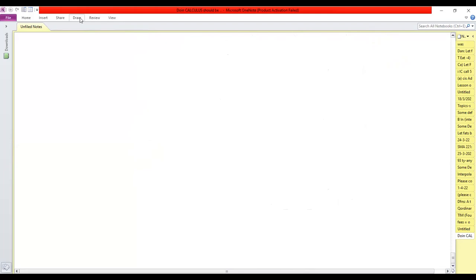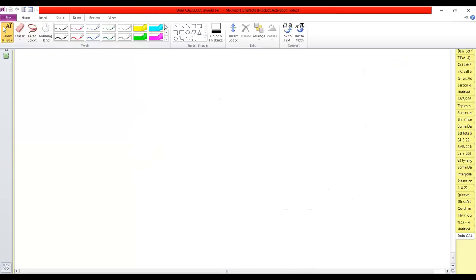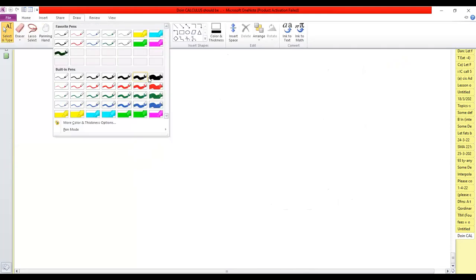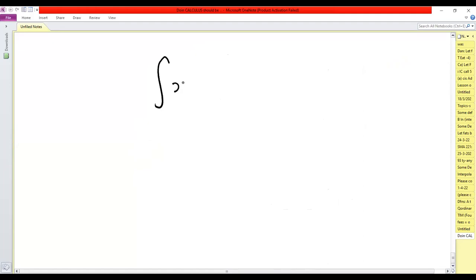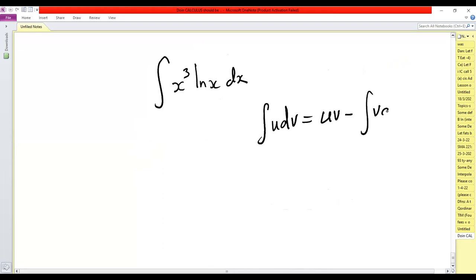So we have to evaluate the integral of x cubed ln of x dx. So remember, the integration by parts formula is: the integral of u dv is given by uv minus the integral of v du. The correct choice of u and dv is what will help you break the problem into solvable form.